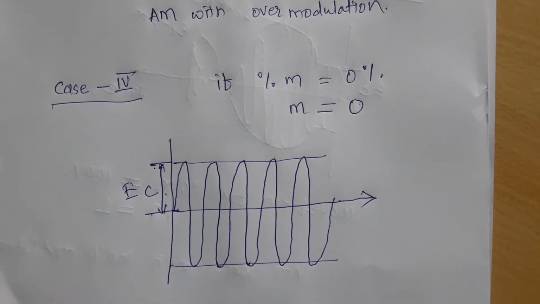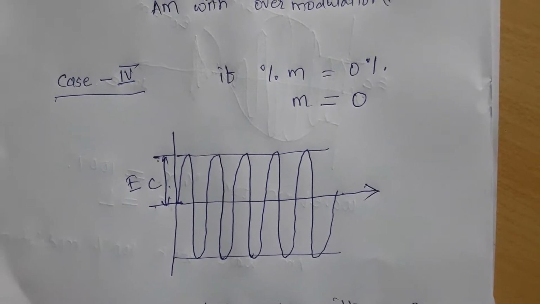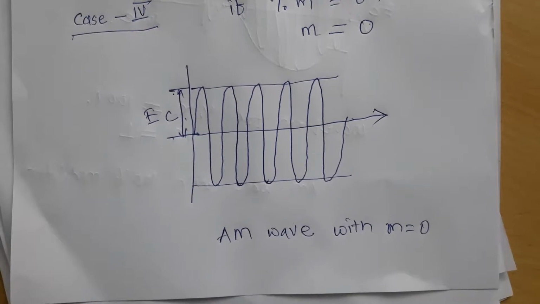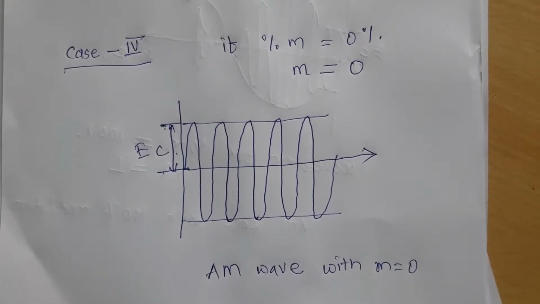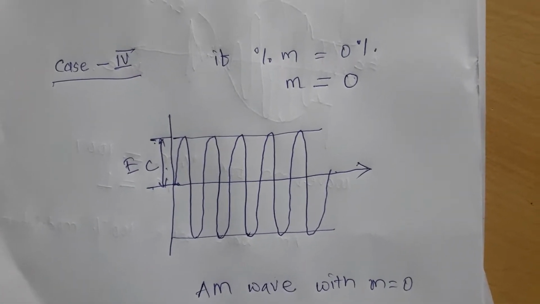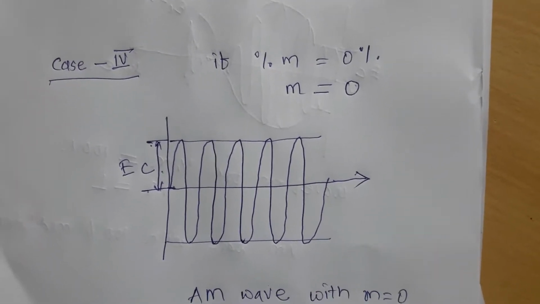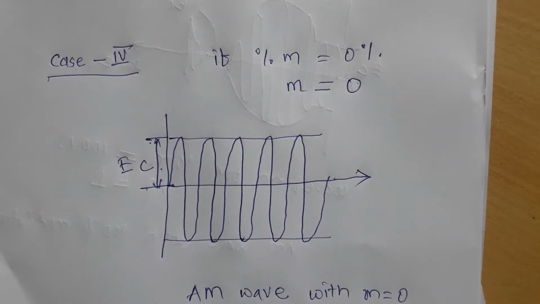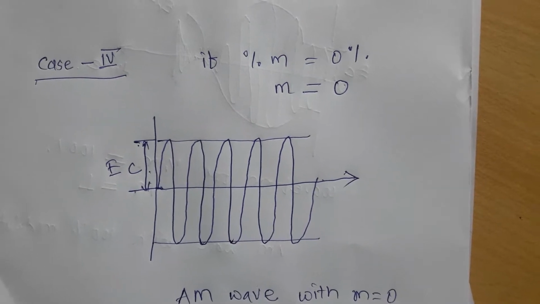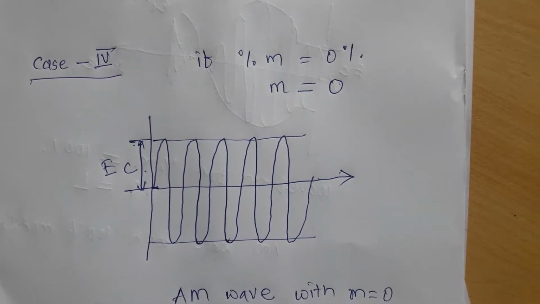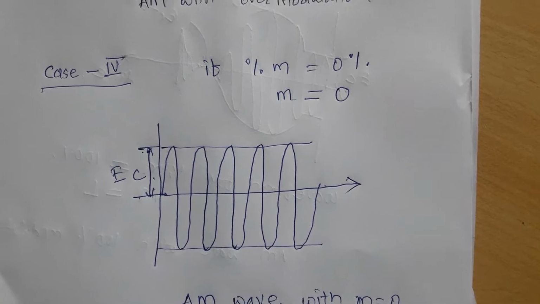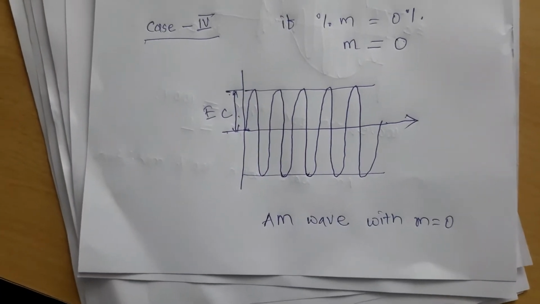Whatever waveform we observe is the unmodulated carrier. So it is called AM with m equal to 0. So this is all about the 4 cases: m greater than 1, m less than 1, m equal to 0 and m equal to 100%. Right? So thank you very much.